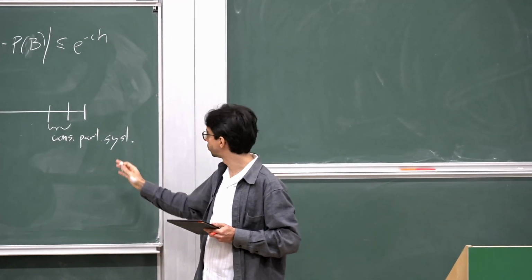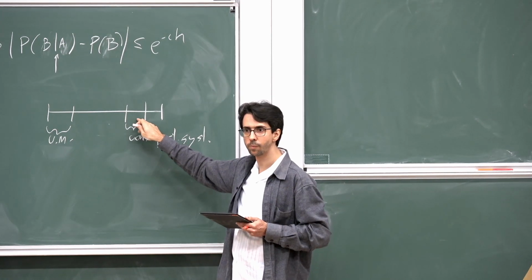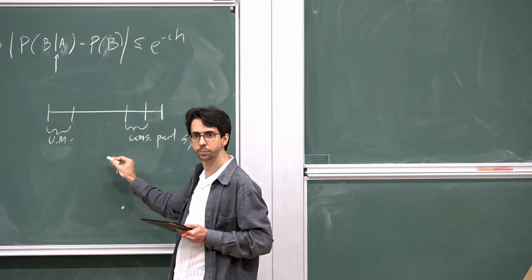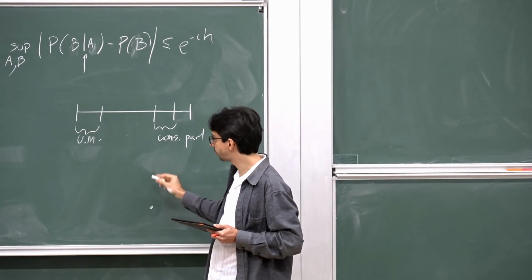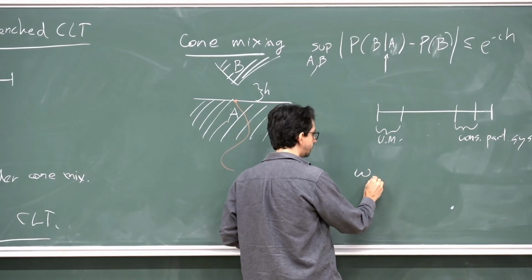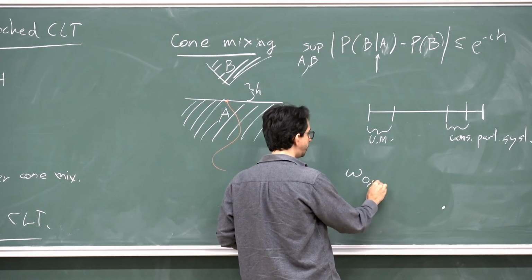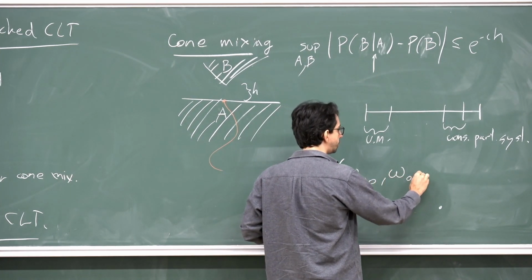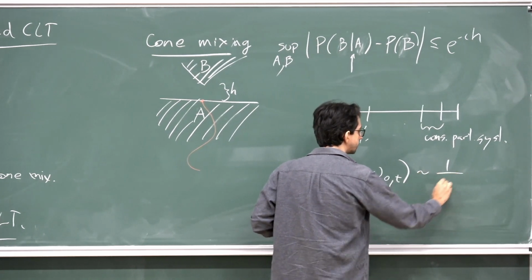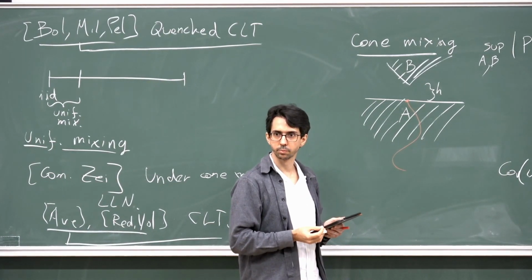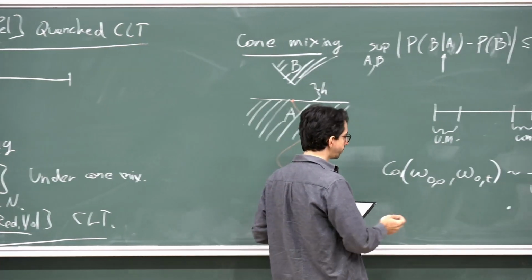So here, you don't have a good mixing at all. If you saw a particle here, you know that it's going to be around. And if things are diffusive, omega 0, 0 is going to be related to omega 0 t by something like 1 over root t. So that's very bad mixing properties.